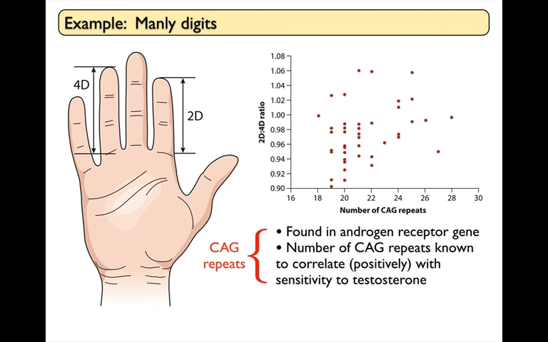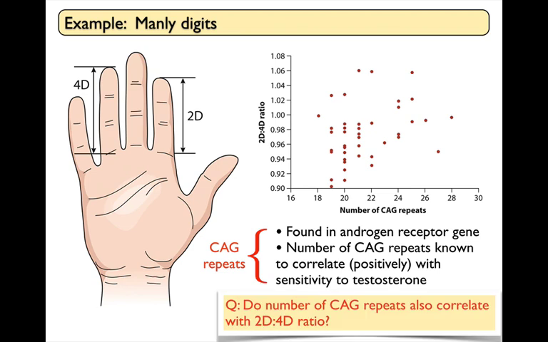Okay, so here's the scatter plot. Number of CAG repeats, 2D:4D, and all of them are like, what does that mean? Okay, so here's the question. Does the number of CAG repeats also correlate with this 2D:4D ratio? Kind of looks like it does, right? Well, let's see. We get an R of 0.3082. But is that significantly different from 0?